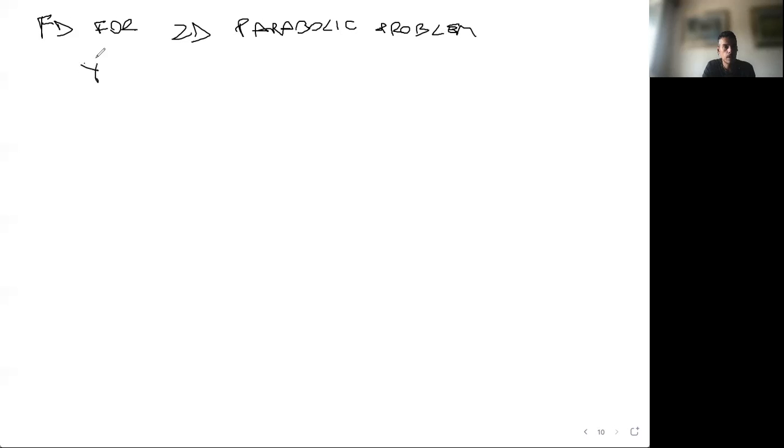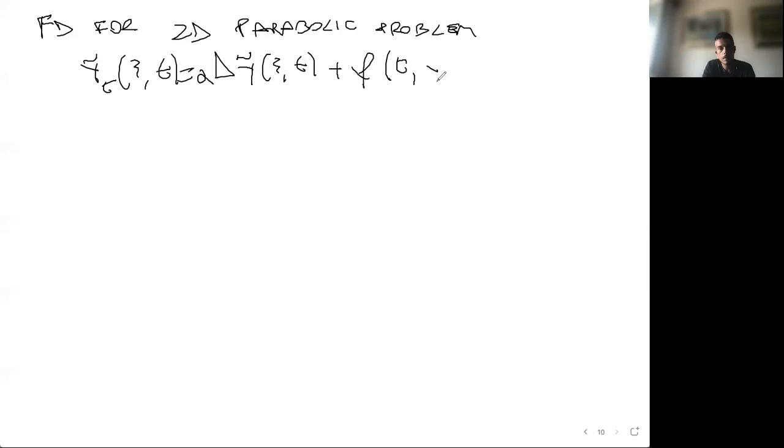So we consider y tilde_t(ξ, t) equal to the Laplacian of y(ξ, t) with some coefficient plus f(t, y tilde(ξ, t)), for t in (0, capital T).